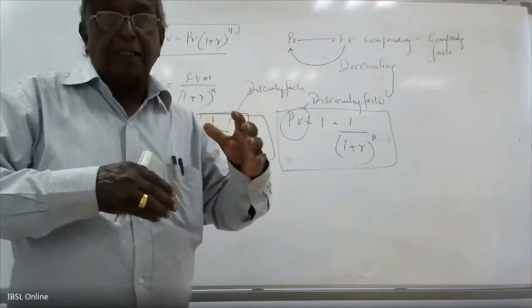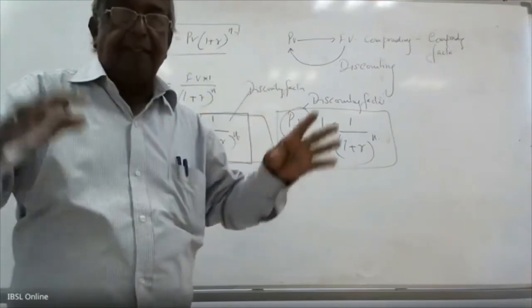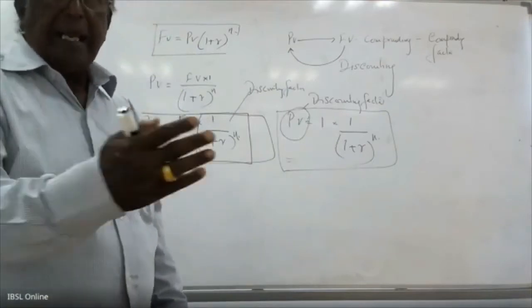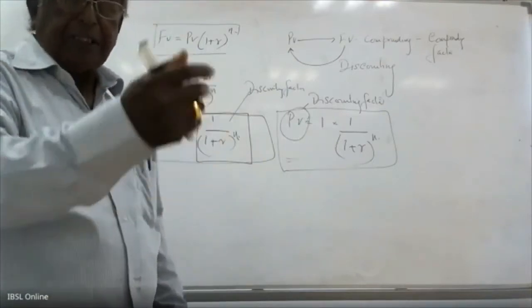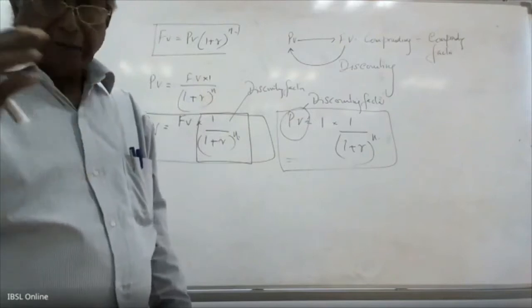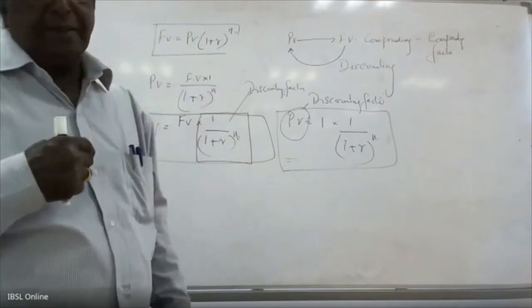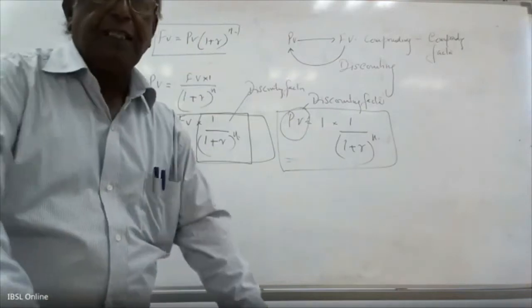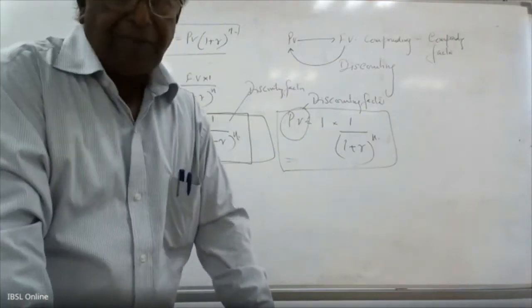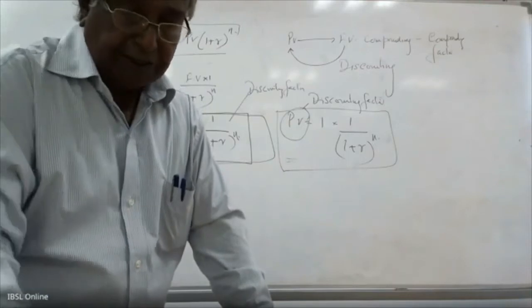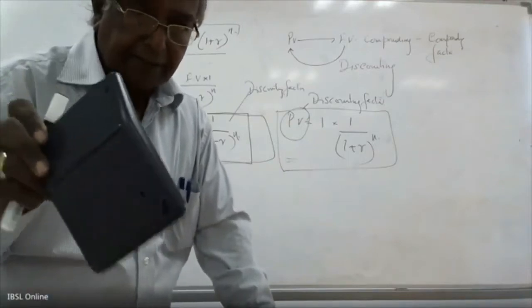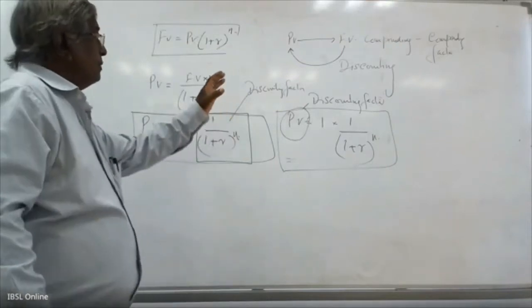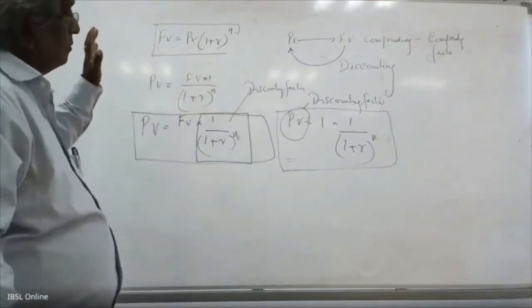Those are discounting factors. You can use the discounting table to find the discounting factor and do your calculation. But even without using the discounting table, we can use a simple calculator. I hope you have understood this much.